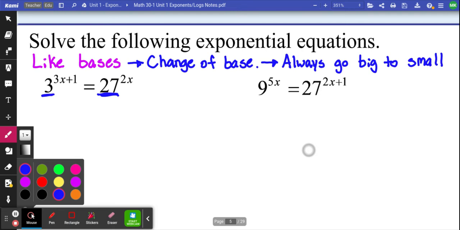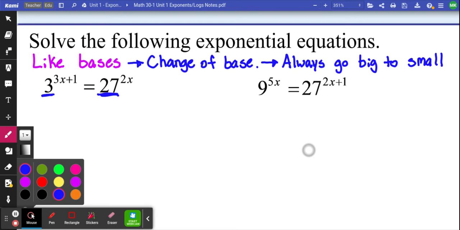Then they change this one to be 3 to the power of 3, and you change the small one to become the big one, which is not correct. You want to take the big one and rewrite it as the small one. Okay? Always go big to small.